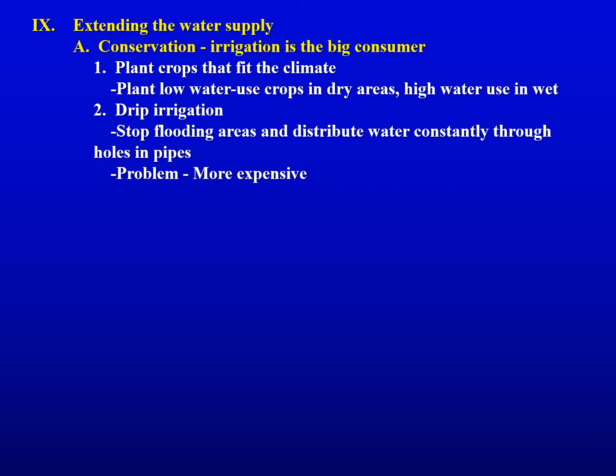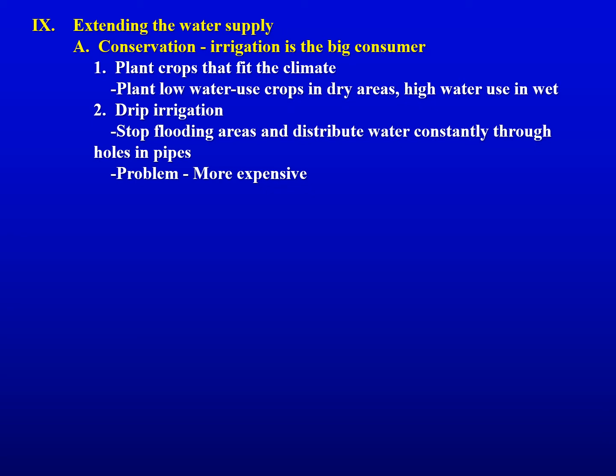The reason we rarely do it is these drip irrigation systems are expensive. Farmers don't have a lot of spare cash lying around. I don't know of a single farmer that wouldn't like to go to the system. Farmers don't want to waste money. Farmers are among the most conservative folks I know. They hate waste. But they don't have $500,000 lying around to put a drip irrigation system in their field.